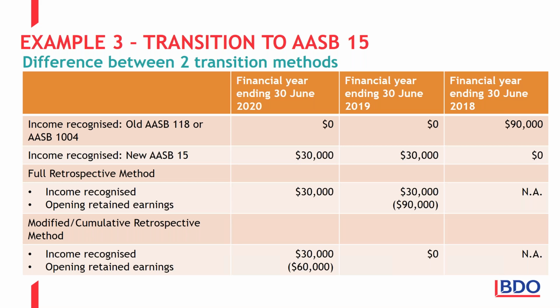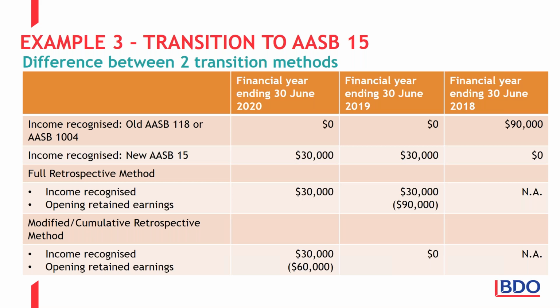So what would the disclosure look like under the full retrospective method? First of all, for 30 June 2020, you'll see your income of 30,000. For 30 June 2019, your comparative year, you'll see income of 30,000.